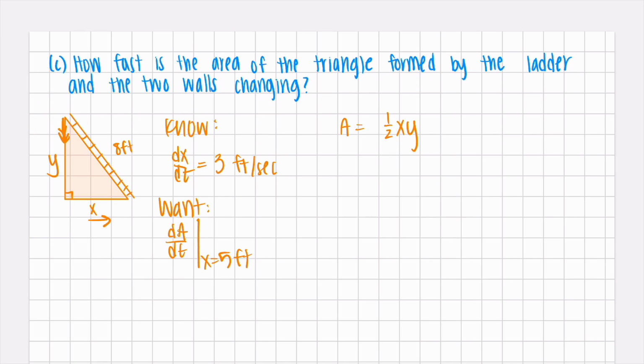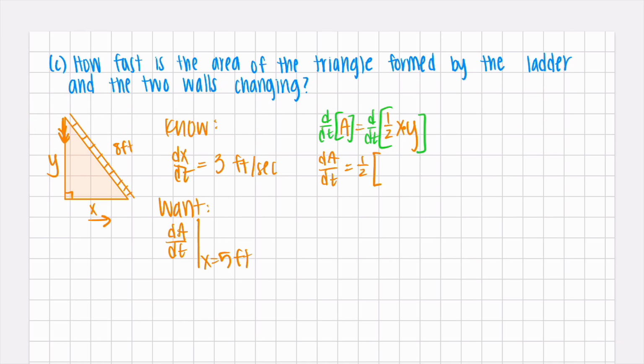Let's take our derivative with respect to time on both sides. On the left side, we have dA/dt. On the right side of the equation, I need to do a product rule, x times y, and I'm going to put 1/2 outside that product rule.